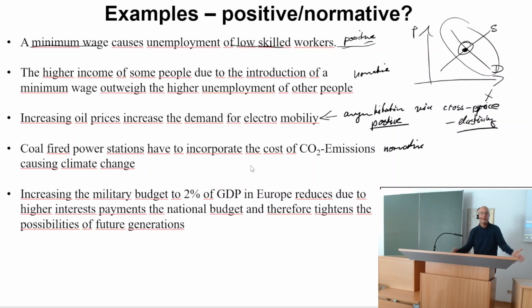But we can normatively, as a society, decide that we do not want to have this, and this is then judging the situation. How can we decrease the energy production by fossils?